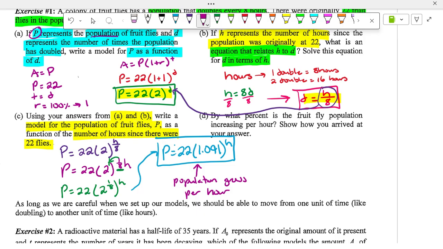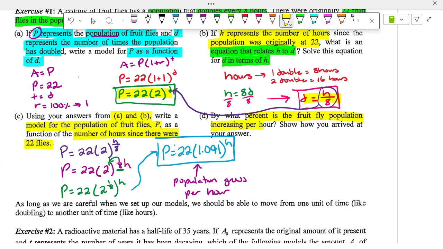We then replaced that in our function, broke it apart, and multiplied that fraction to the exponent. So we raised that base to the 1/8 power. That then gave us our new growth factor. So essentially, what will be the rate at which we're actually growing per hour? Which is the next question.